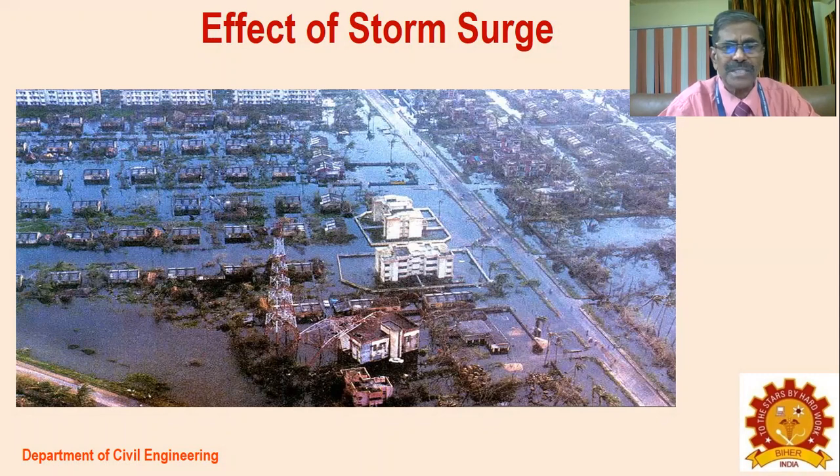When a storm surge enters the land, it stays there for more time, maybe for 4 or 5 days. It may be salt water, and it will be very difficult to handle such salt water, because waterlogging will spoil even the drinking water also. So storm surge is very dangerous and very difficult to handle also, and a lot of people suffer in that.